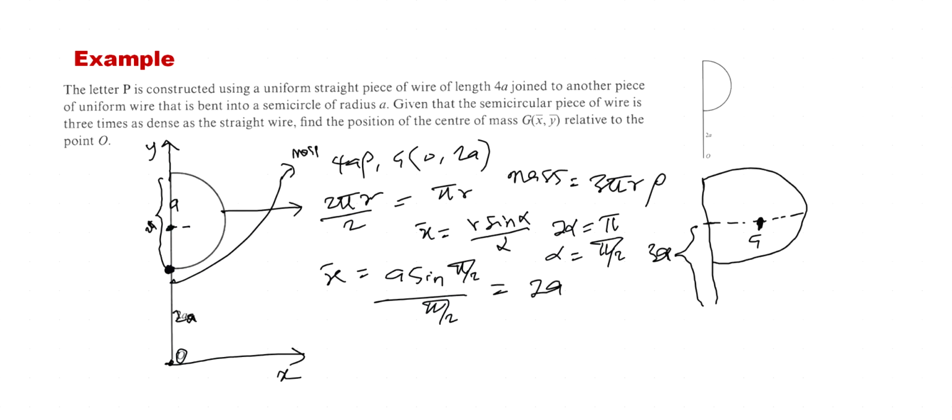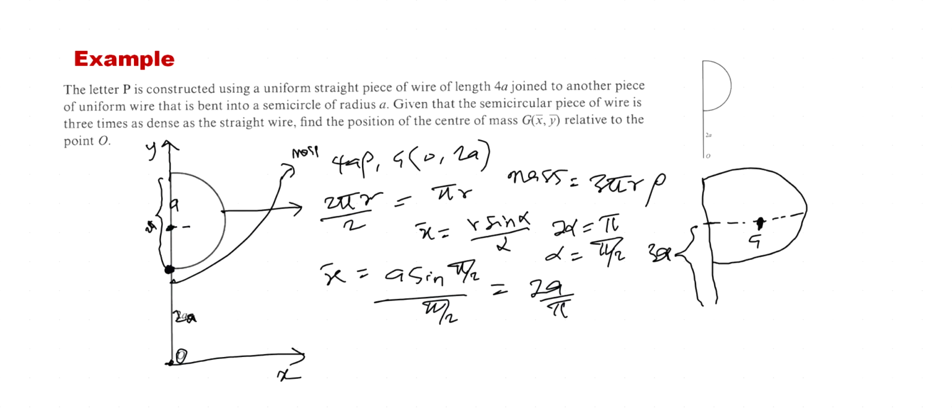Oh, sorry, I'm talking about the center of mass now, so the x coordinate is 2a over pi. So this is the x coordinate.